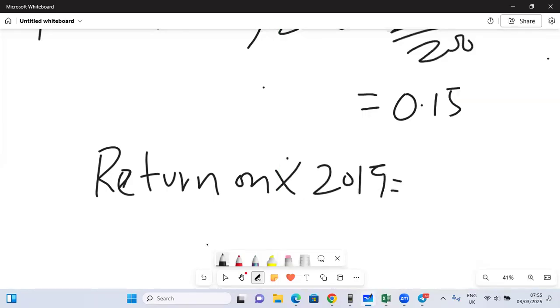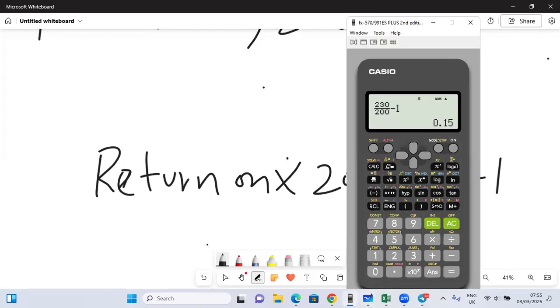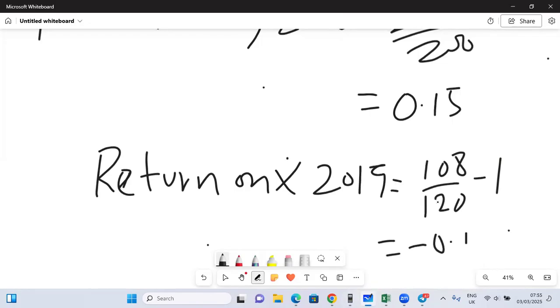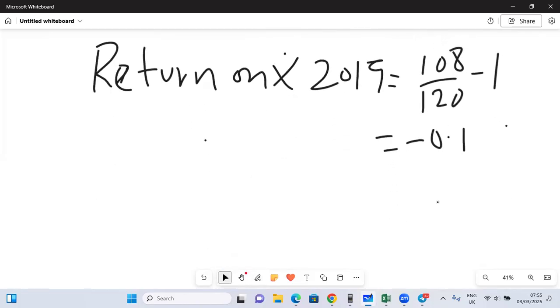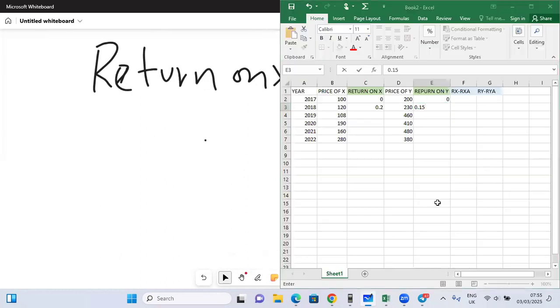So 108 over 120, we are going to get negative 0.1. Right. So in 2019, this one is negative 0.1.